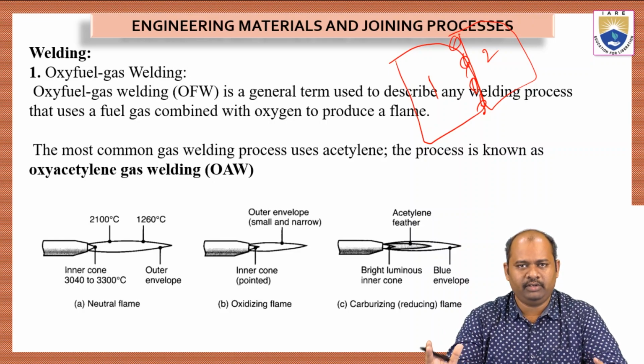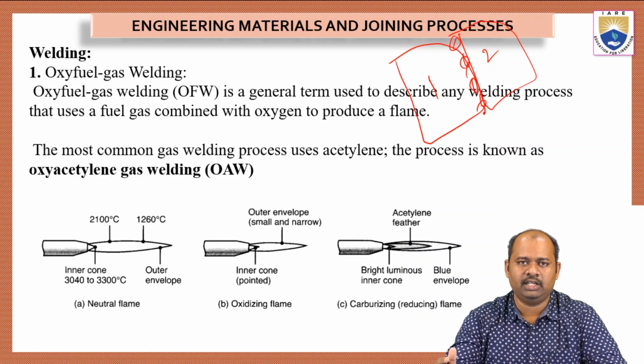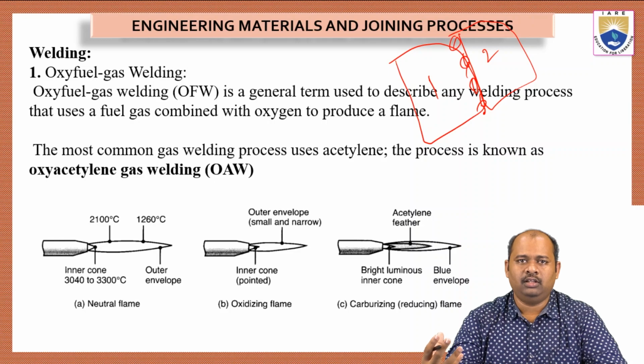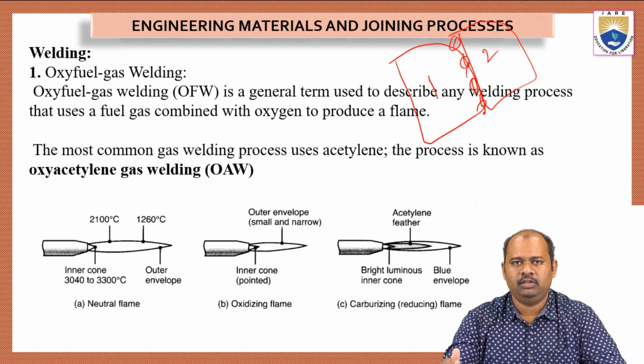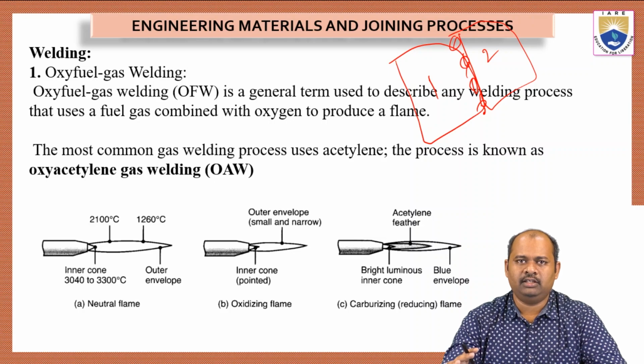Now, there are different techniques of welding. Let us see one such process, oxy-fuel gas welding. Oxy-fuel gas welding is a technique which uses oxygen combined with a fuel, that is some kind of gas, to form the heat that is required for welding. Apart from these two gases, we use some other type of filler material. In every welding, we have to use a filler material.